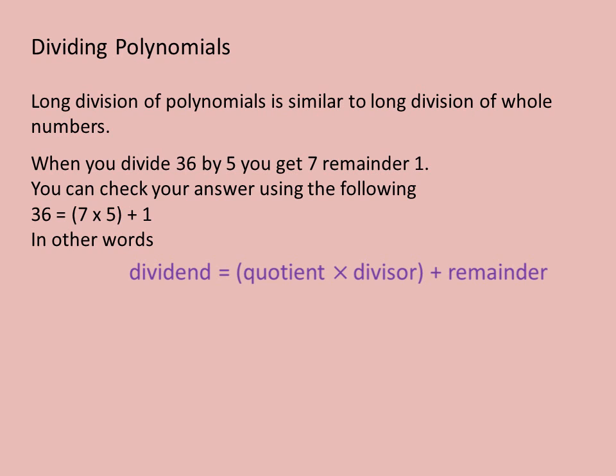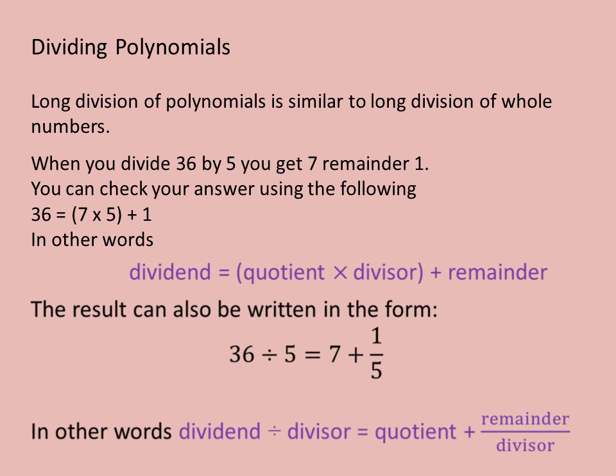You can check your answer using the following. 36 is equal to 7 times 5 plus 1. In other words, the dividend, 36, is equal to the quotient, 7, times the divisor, 5, plus the remainder, 1.